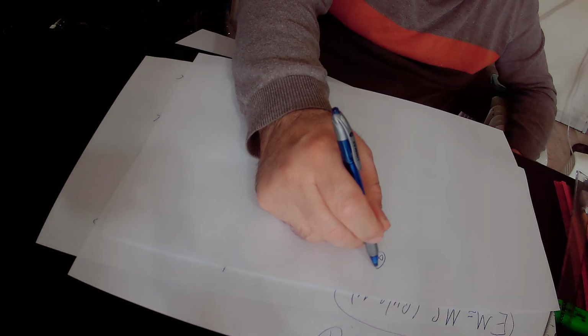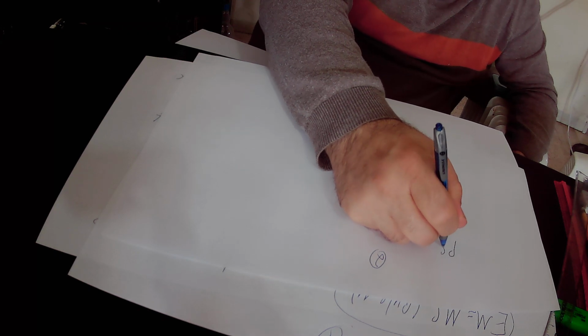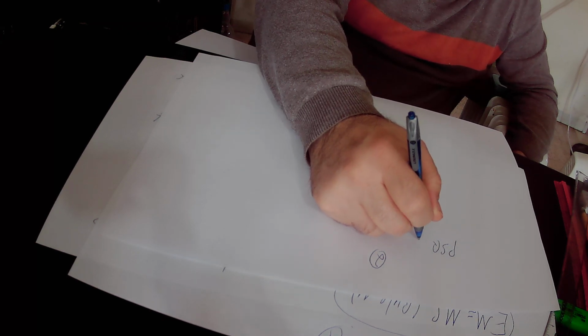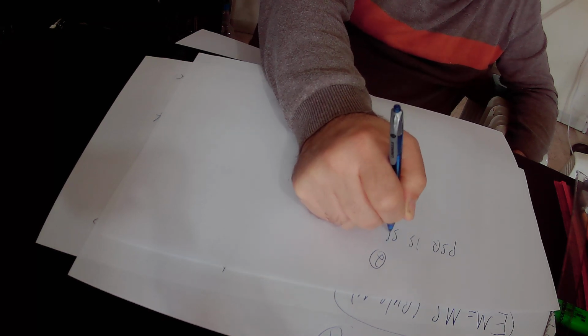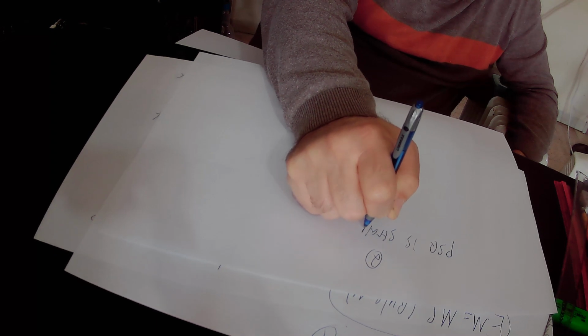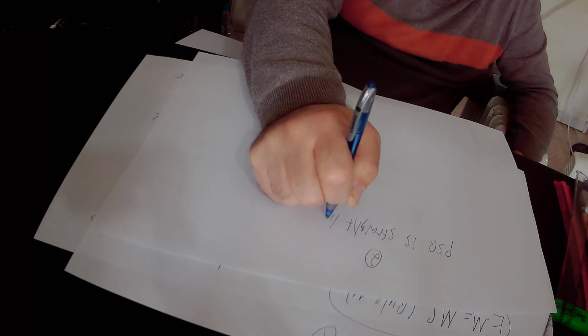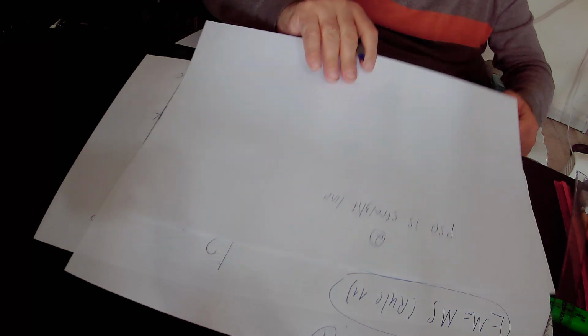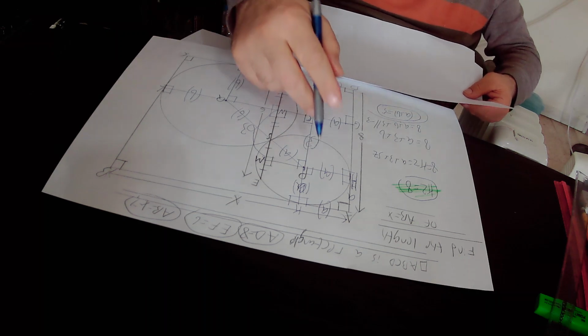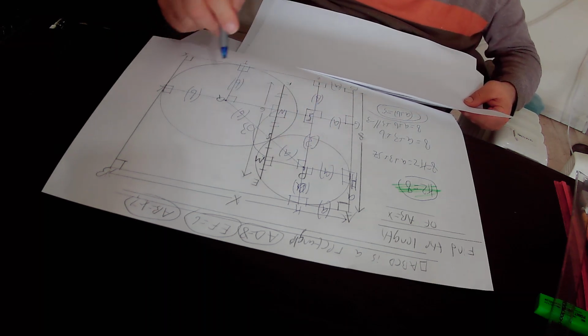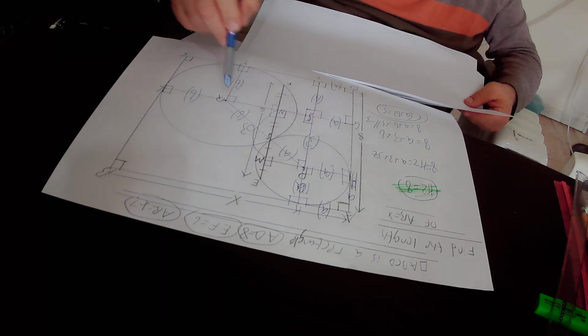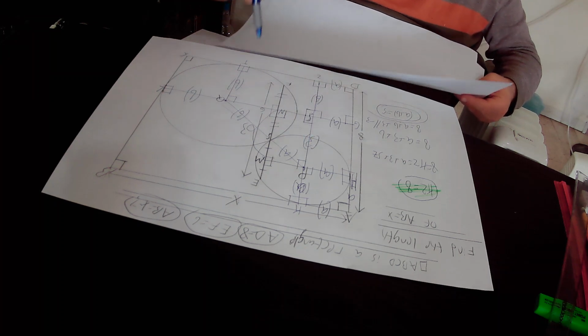Repeat again. We actually found out that PSQ is one straight line. And that is the reason, because PSQ is one straight line, PQ will be equal to PS plus SQ.